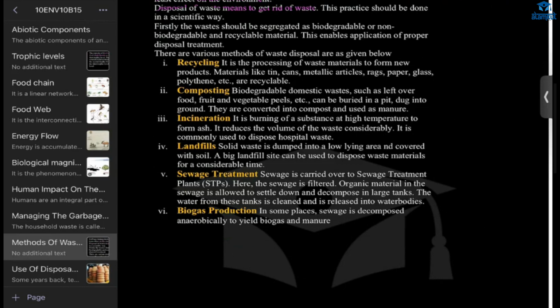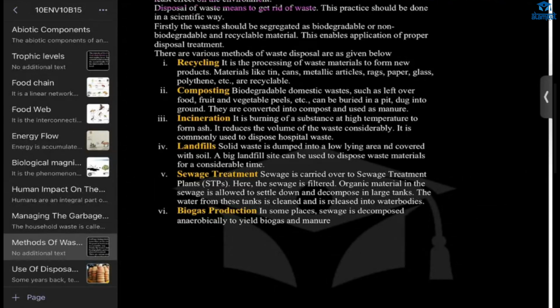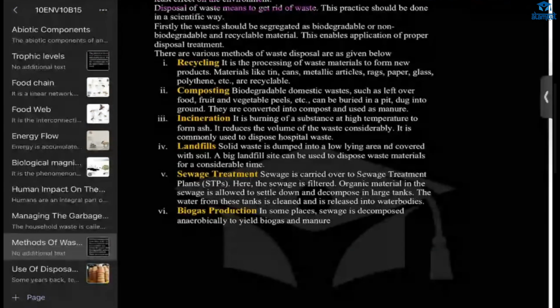Materials like tin cans, metallic articles, paper, glass, and polythene are recyclable. Then composting. Biodegradable domestic waste, leftover food, fruits, and vegetables can be buried in a pit, and after that it gets decomposed and converted into compost, which can be used as manure.